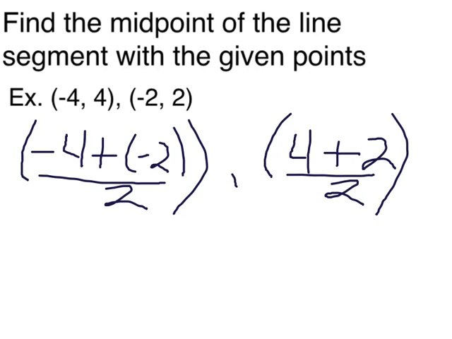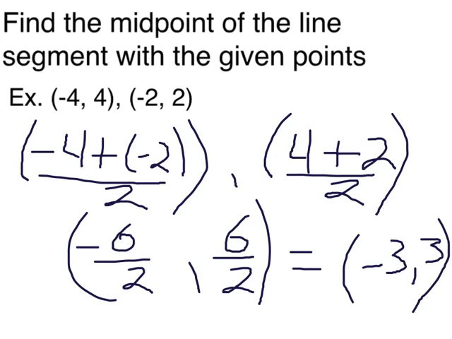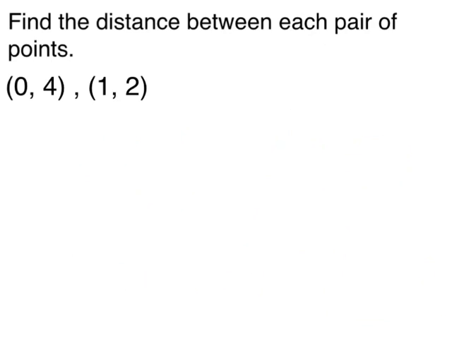So if we get -4 plus -2, we get -6 divided by 2. And then for our y's, 4 plus 2 is 6, so we get 6 over 2. So the midpoint would be (-3, 3), and that will be our answer. Alright, on to the next example.